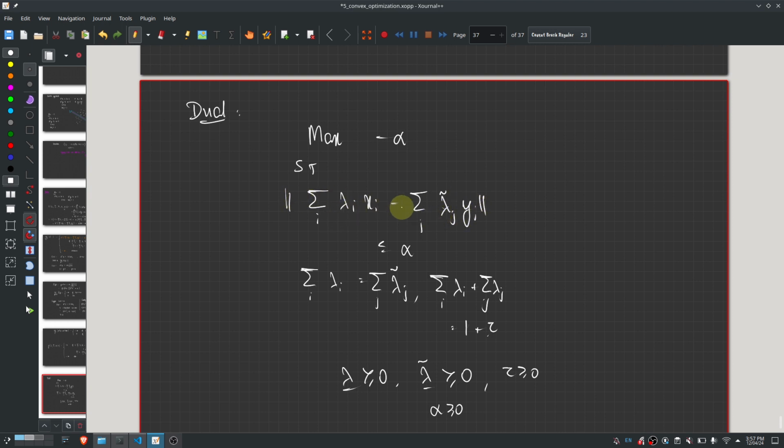And the norm of the difference between these two is essentially the minimum distance, or scaled minimum distance, between the convex hull of x and the convex hull of y.